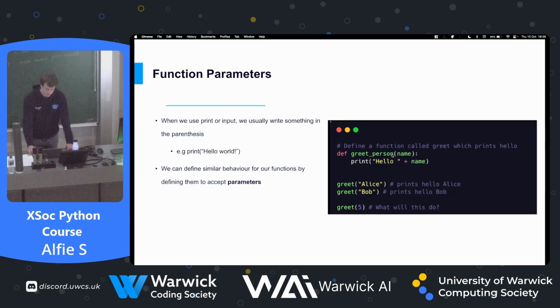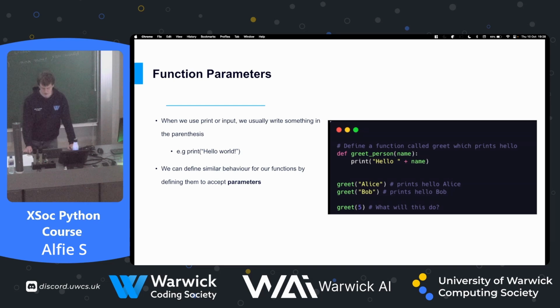So we're going to talk now about parameters, which are something you can give to your functions to allow them to take values. You notice when you type print, inside the parentheses, you put a string to say what you want to print out. And in input, you put a string of what you would like to ask the user for. Function parameters let us replicate this for ourselves. So we can tell it to greet somebody specific.